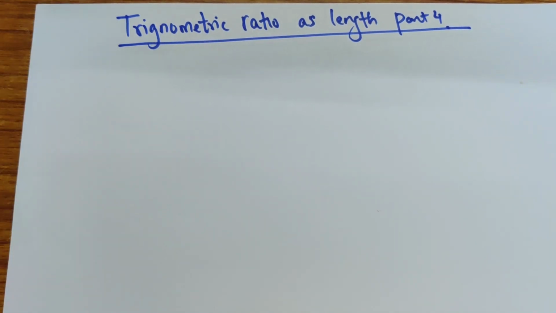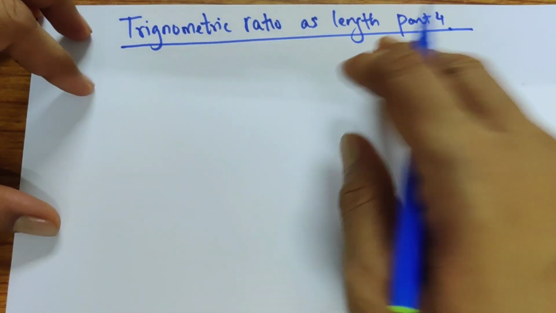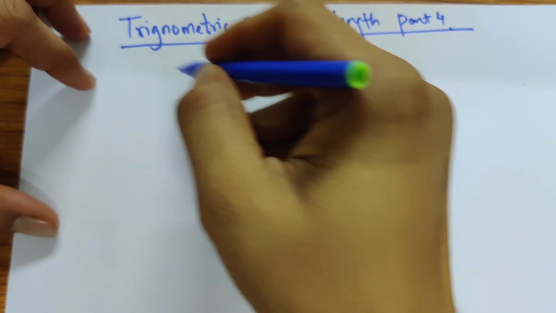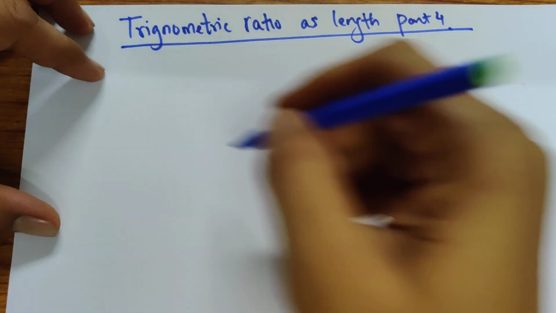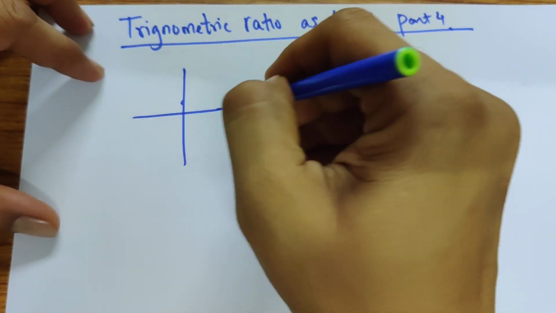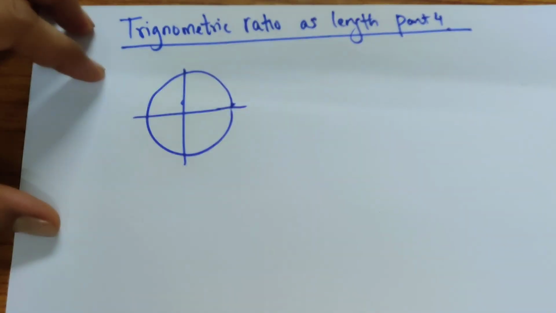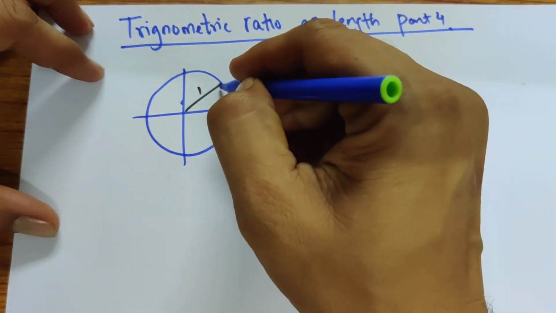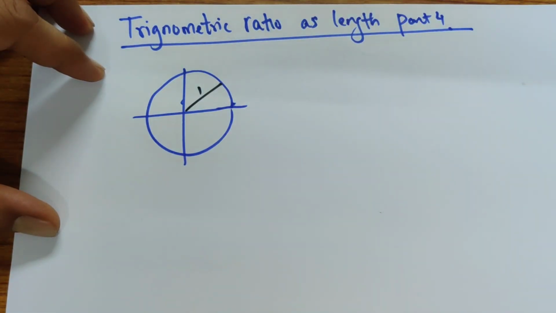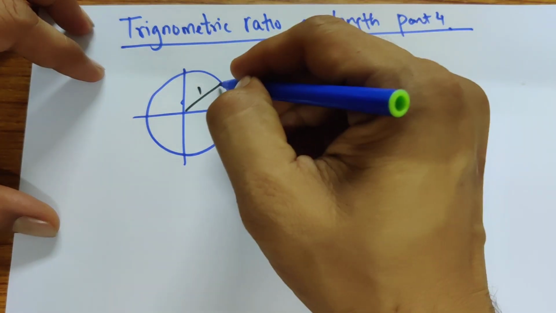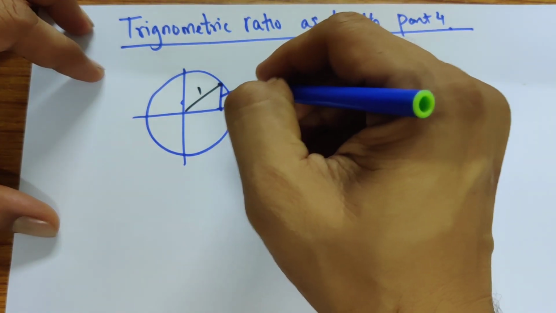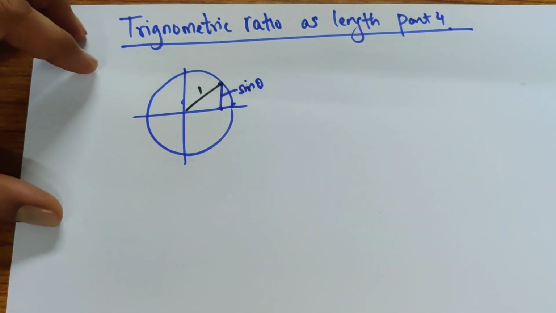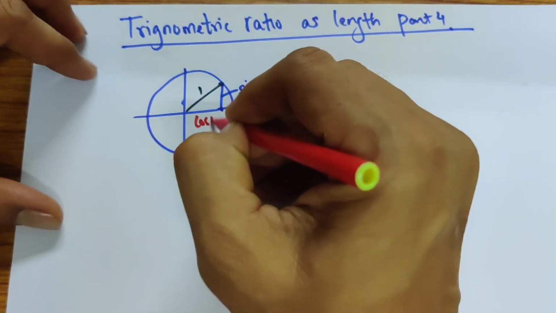Okay, so in the sequence of trigonometric ratios, looking at them as lengths, we started with the unit circle, and we looked at how in a unit circle, this is 1, and so the opposite side becomes sine theta, and the adjacent side becomes cos theta.